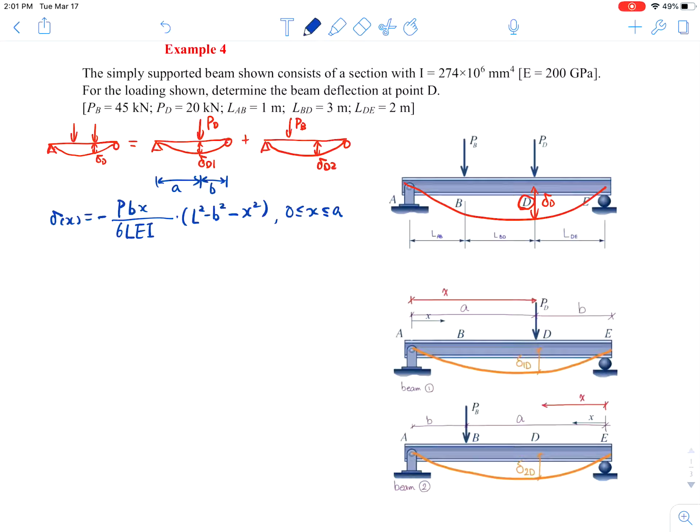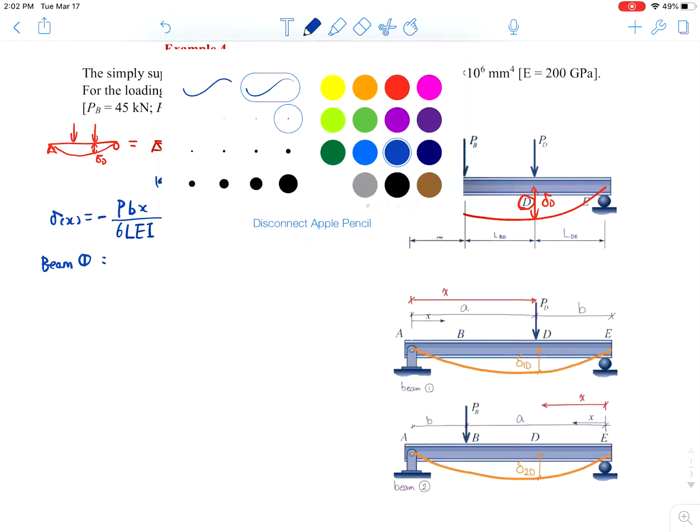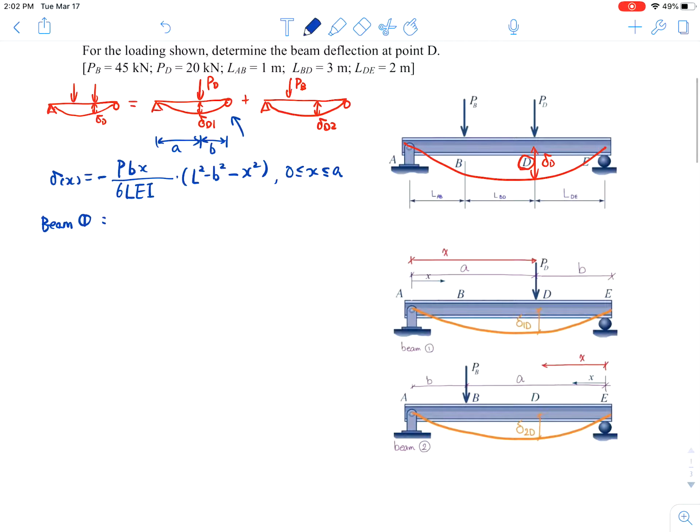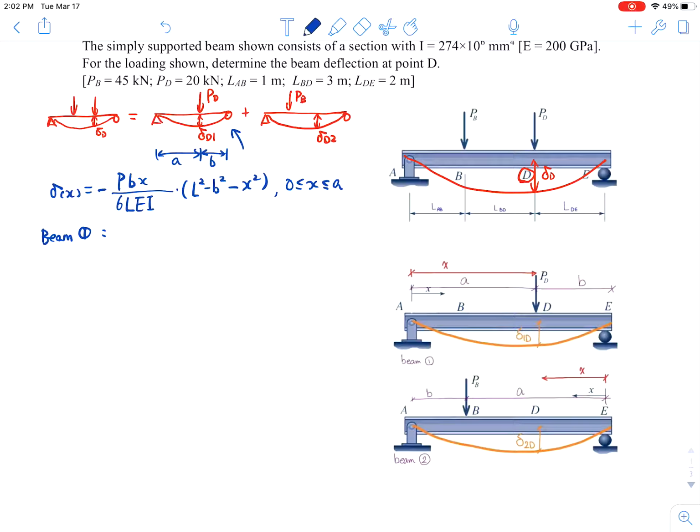So then let's look at the first case, beam 1. In beam 1, we just need to determine the values of A, B, L and X, which we need to calculate the delta from this equation, our equation 6.